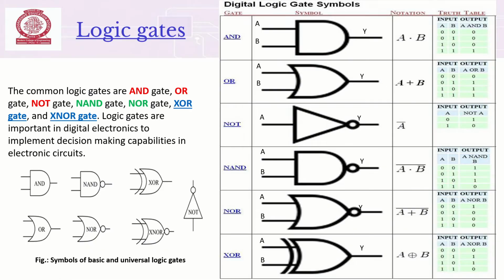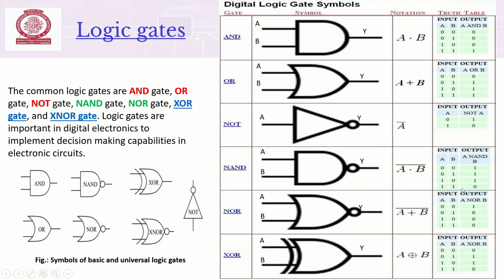Next is our NAND gate. As I explained earlier, NAND is the complement of the AND gate. So the output will be the complement of A multiplied by B. So 0 times 0 is 0, the complement of 0 is 1, so the output will be 1. 0 times 1 is 0, complement 1. 1 times 0 is 0, complement 1.